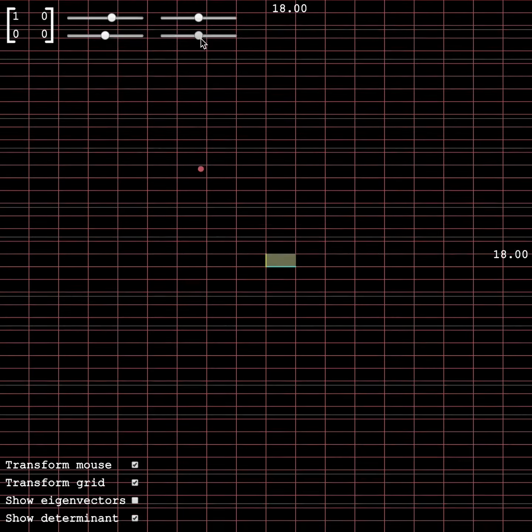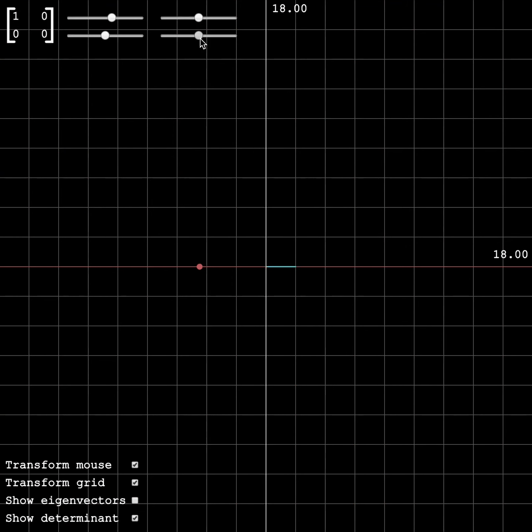You can see all of space getting squished onto one line here, and you might, without even looking at the matrix that this forms, have some sort of intuition that this is what a determinant of 0 looks like, and maybe not even just because we don't see our little determinant quadrilateral anymore.